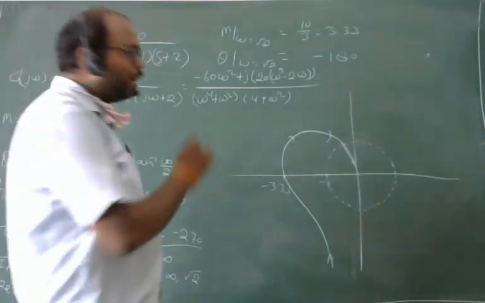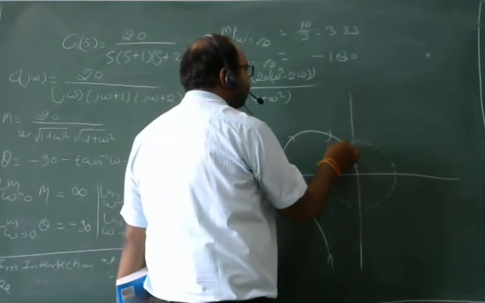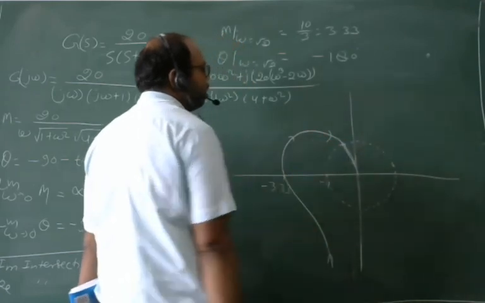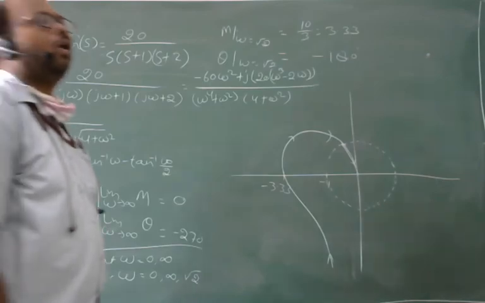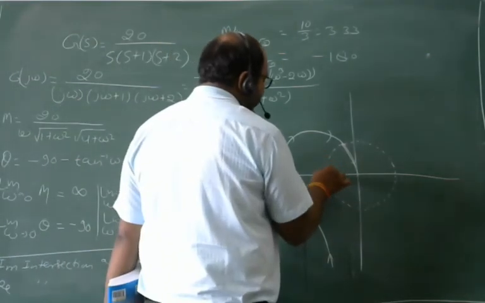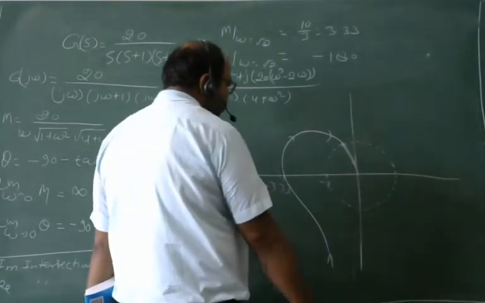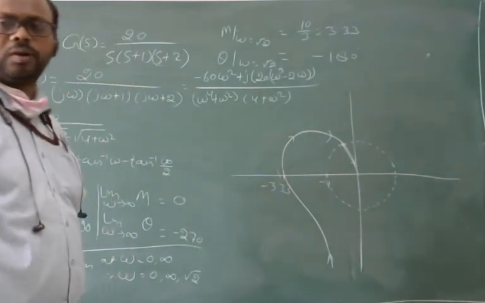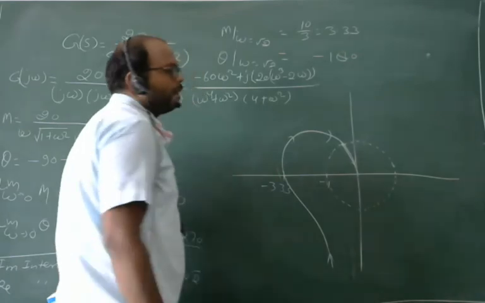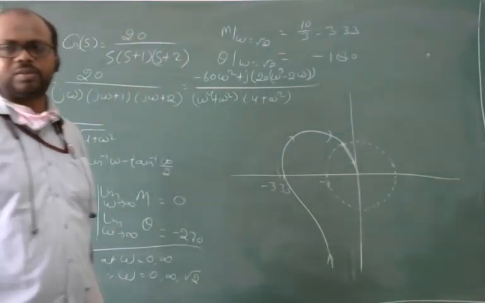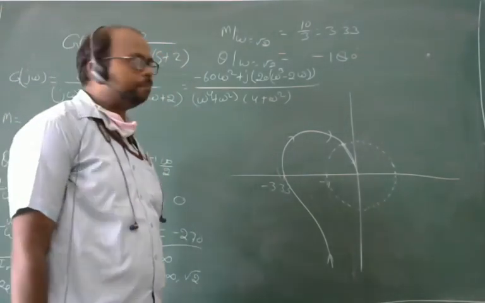This unit circle intersects this polar plot in the second quadrant. It means the system is unstable, or in other words, since this critical point is inside this polar plot, therefore the system is unstable, right? Therefore the system is unstable.